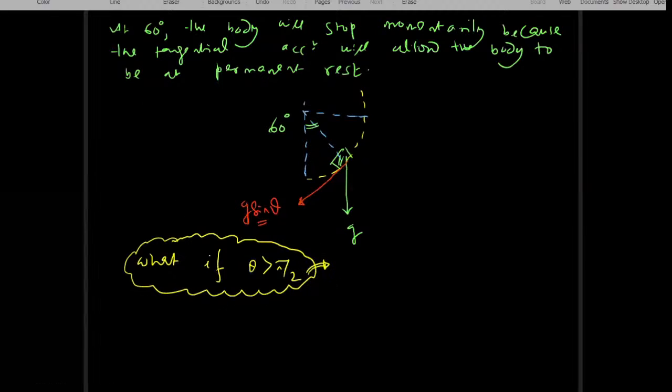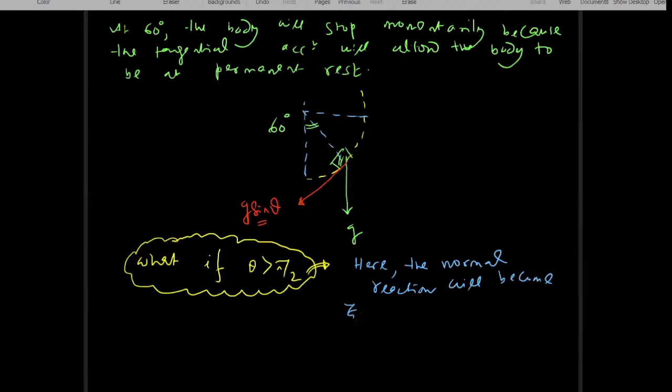In this situation, we will write that the normal reaction will become 0 before velocity. Here in this case, before velocity comes to 0, normal reaction will become 0.